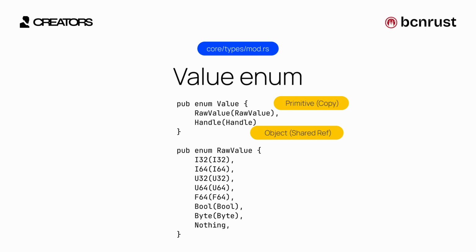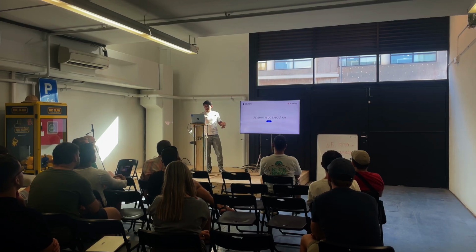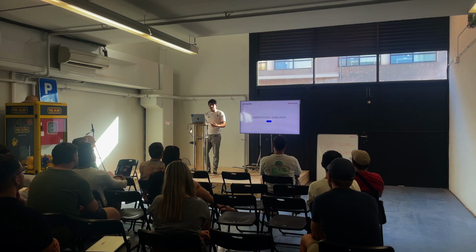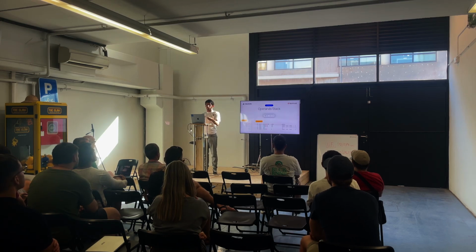First of all, we have the raw values, which are primitives, passed by copy, and then we have the handles, which are basically the shadow refs, passed by shadow refs, and are the objects. And then, for example, taking a look at the raw values, we have an i32, i64, booleans, floats, etc. Let's take a look then at an actual execution of this program, for example, this kind of program.